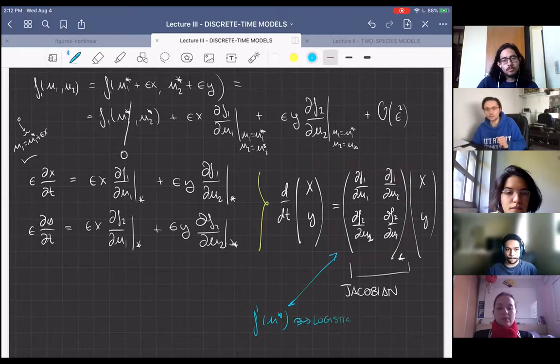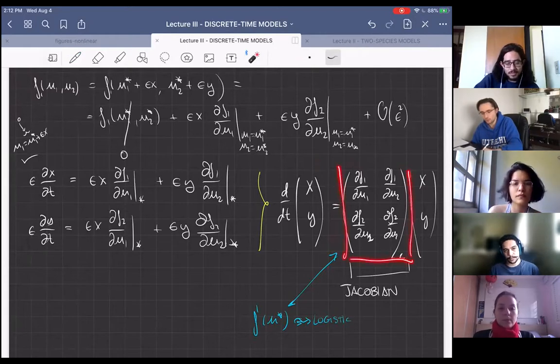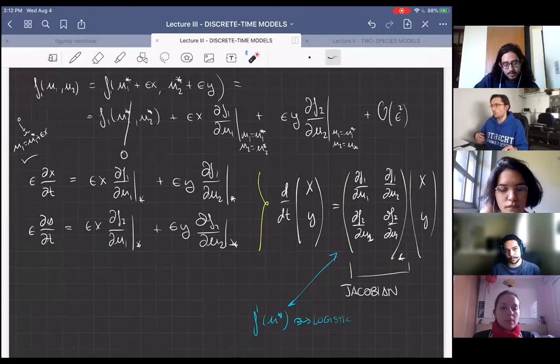So remember, in the case of the logistic growth, if the derivative was positive, the perturbation was growing up. If it was negative, it was decaying, stability and non-stability, or the other way around, non-stability and stability. Now, of course, I don't have the same criteria because now I have a matrix. So what we want to know now is how can we work with this matrix.